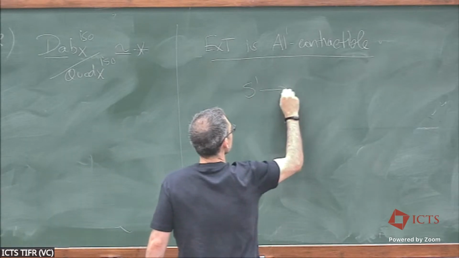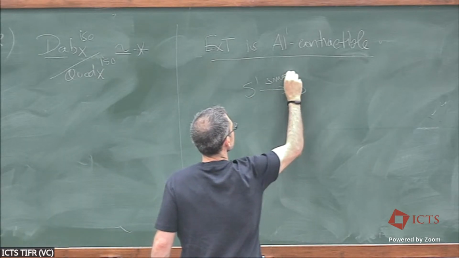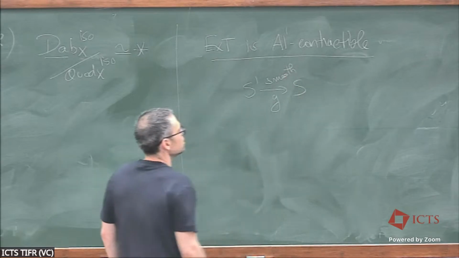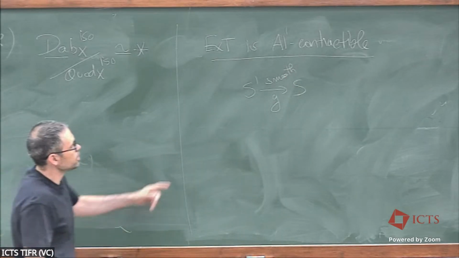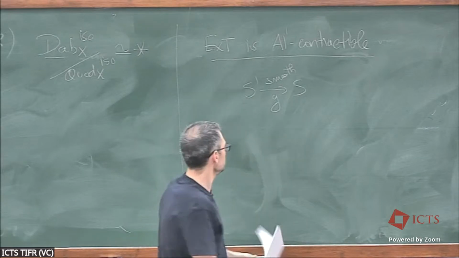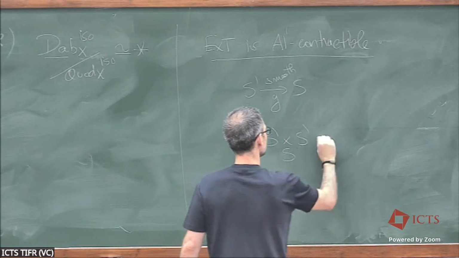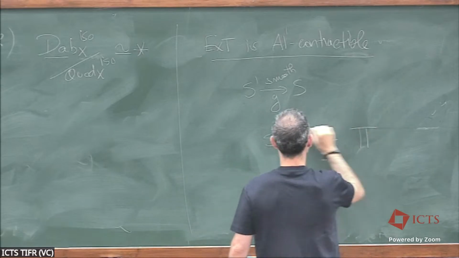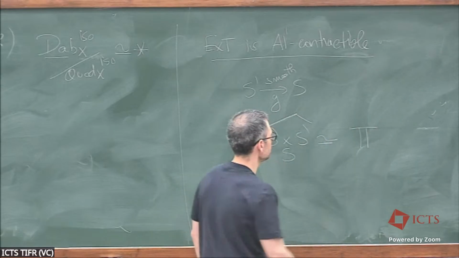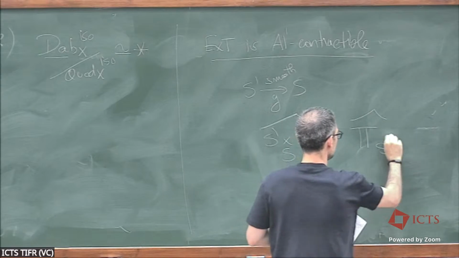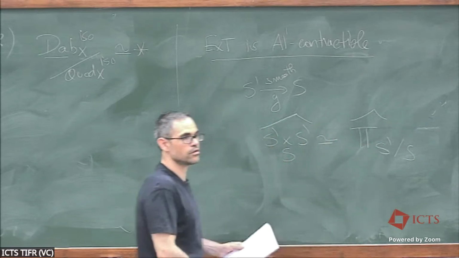If this map is smooth, then we can always fix a connection on S prime locally that will allow us to identify this fiber product, the completion, sorry, of this fiber product with the relative tangent.